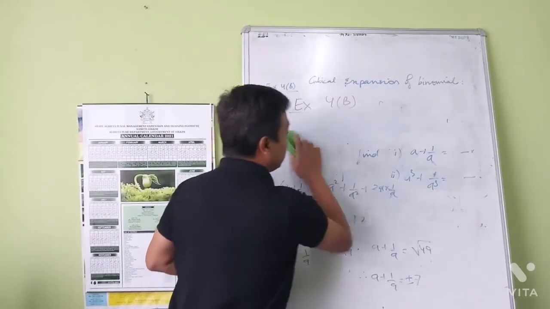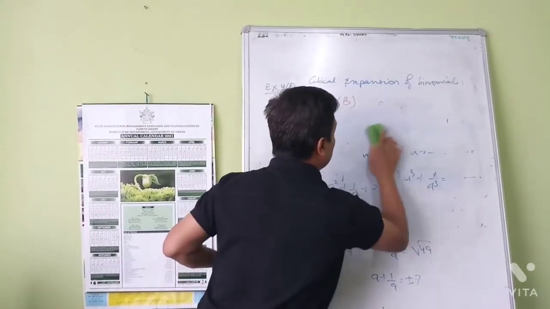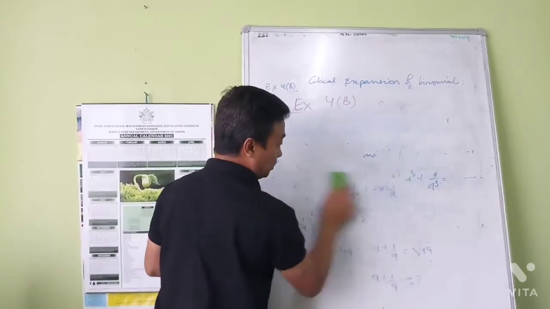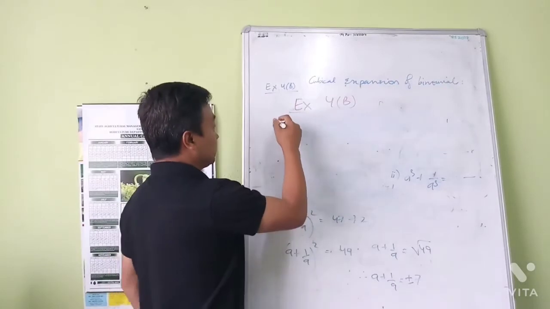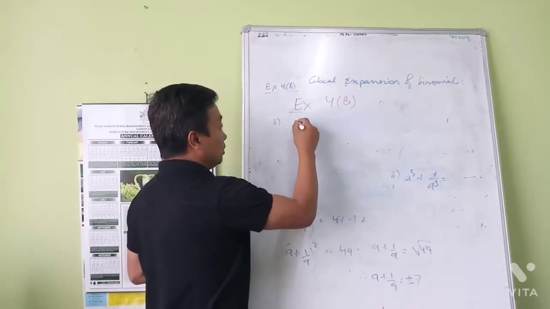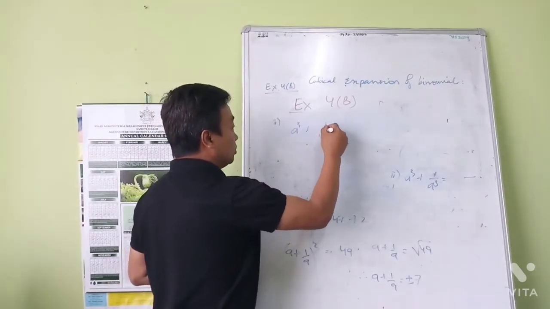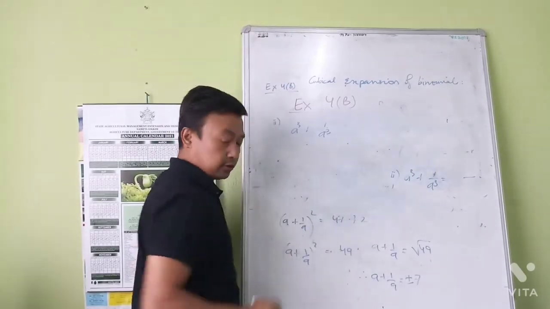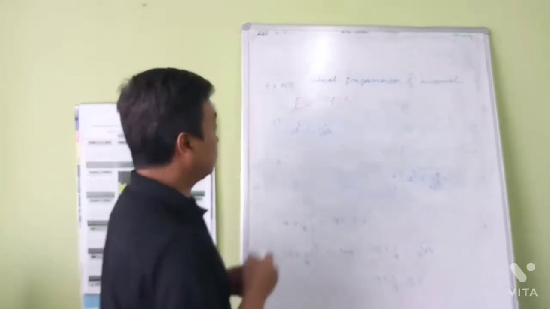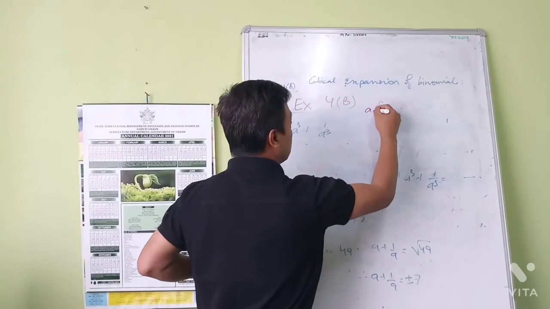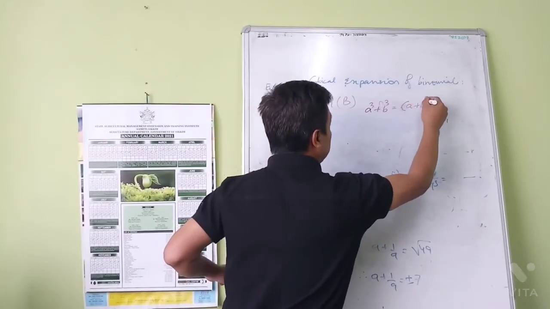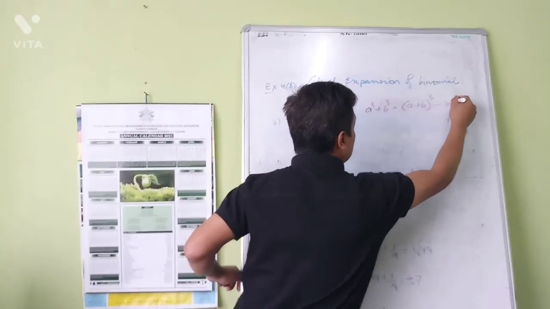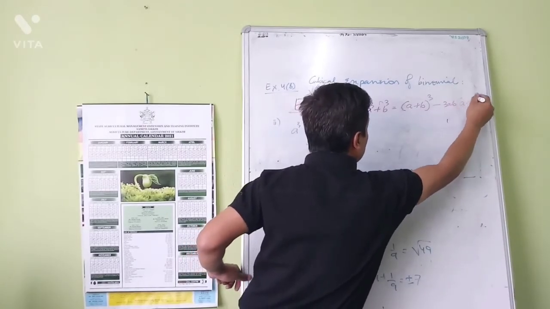To find the second part, we have to use the formula which you have learned just now. Okay? So let me do that second part. a cube plus 1 by a cube. You have to find this. If you recall, the formula that we have learned just now is a cube plus b cube is (a plus b) whole cube minus 3ab (a plus b).